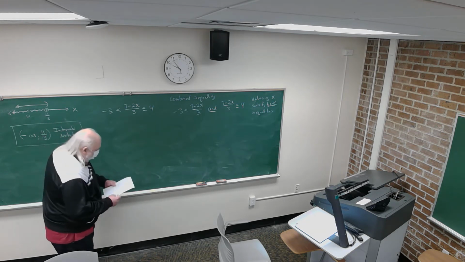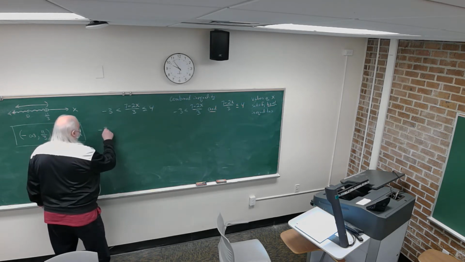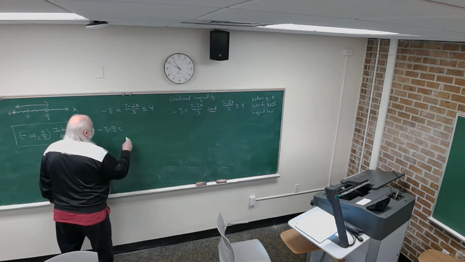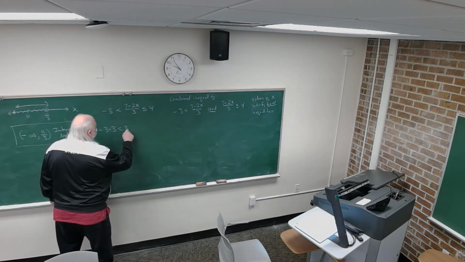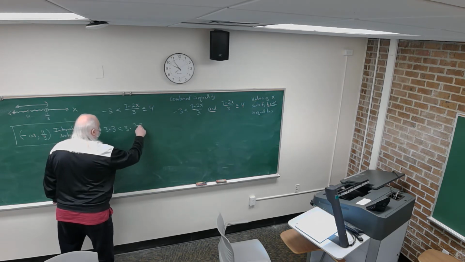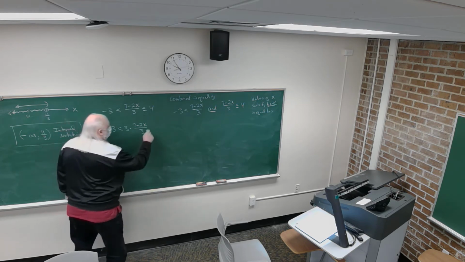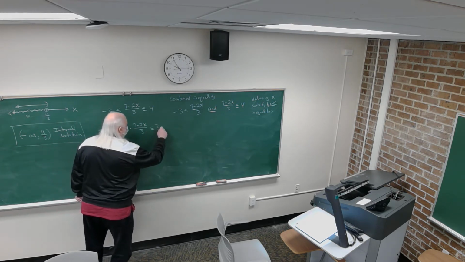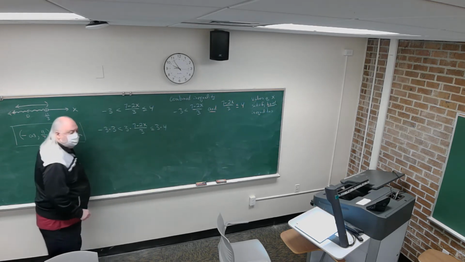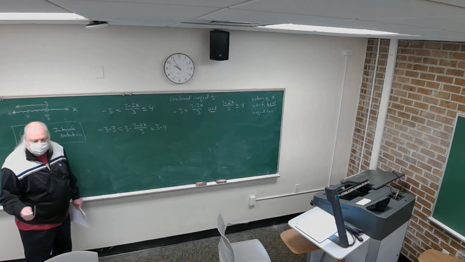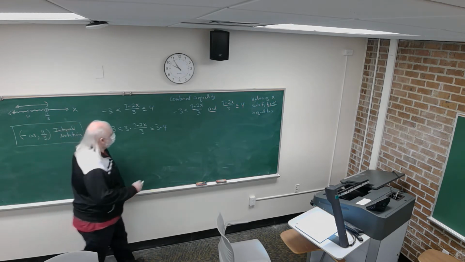Okay? So we have minus 3 times 3 on the left is less than 3 times (7 minus 2x) over 3 in the middle, which is less than or equal to 3 times 4 on the right. So I multiply all three sides, the left, the middle, and the right, by 3.